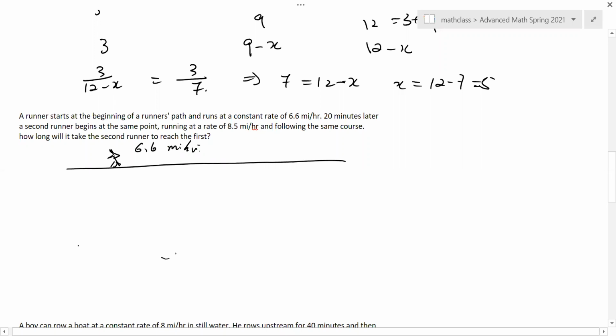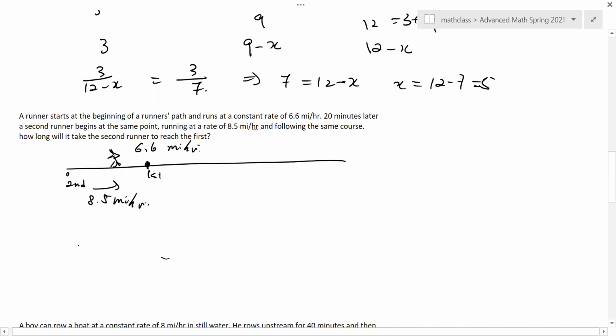And 20 minutes later, the second runner starts. So 20 minutes later, the first one is already here and the second one is here, running at a faster speed, 8.5 miles per hour.